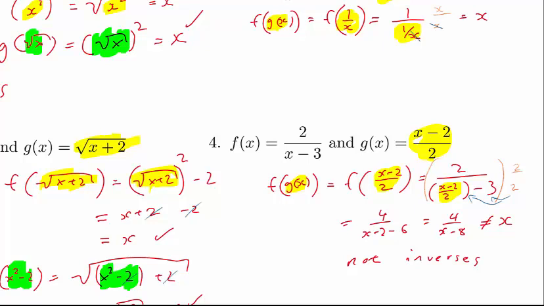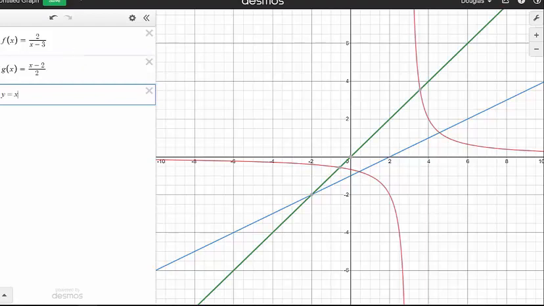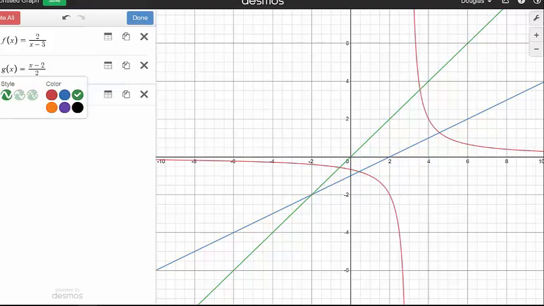We can go ahead and take a look at a graph of these. And here's our graph. Note there is not much symmetry going on between these two, and if I just throw in the line y equals x, we note that there is no symmetry about the line y equals x, on account of these not being inverses.